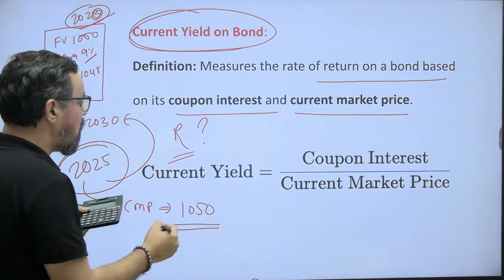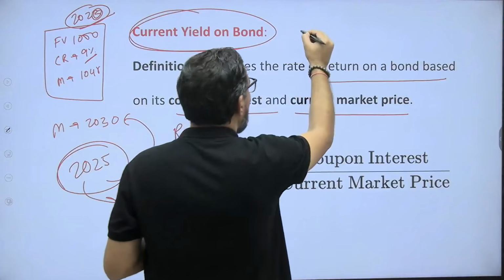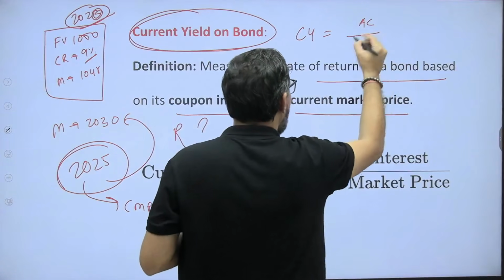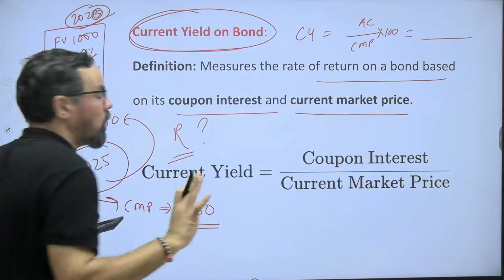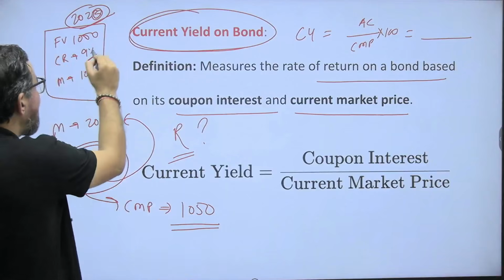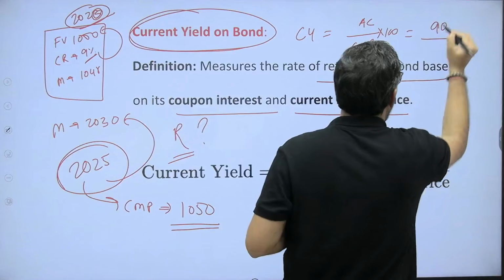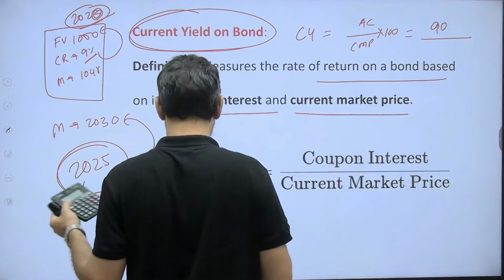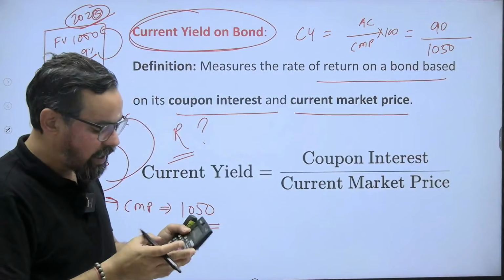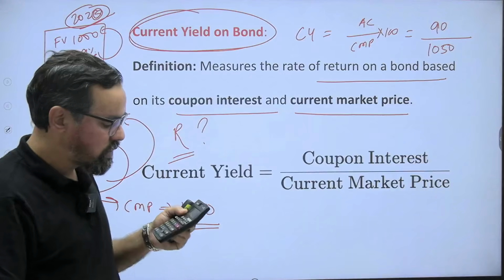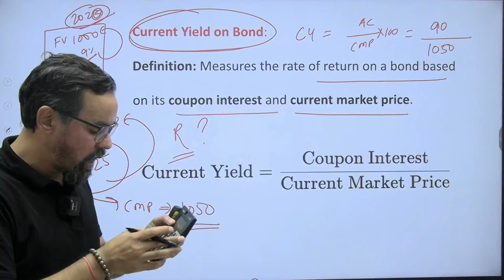Now we know the formula. You can write it as current yield is equal to annual coupon divided by current market price into 100, in percentage. So what is your annual coupon, the annual interest rate? It is 9% of 1000, which is 90 rupees. So 90 rupees divided by current market price, which is 1050. If you calculate 90 divided by 1050, it is equal to 0.0857 into 100 percentage.